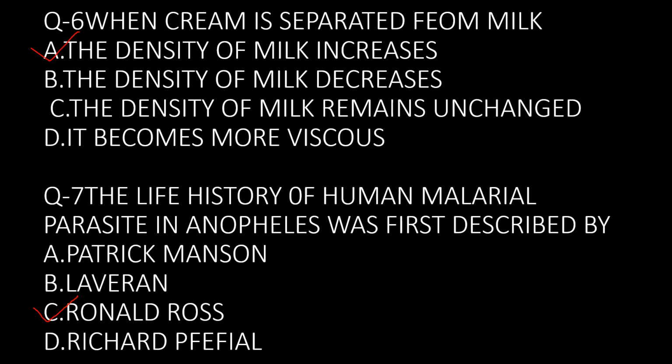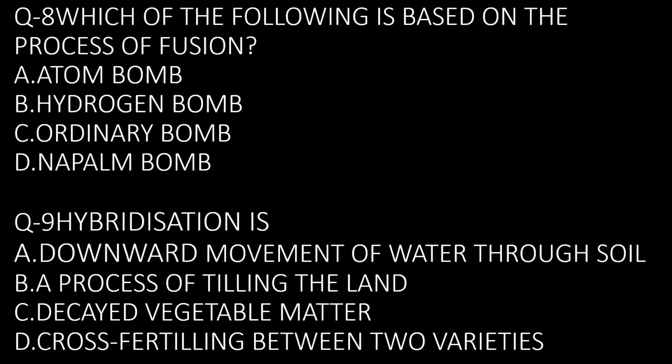Our next question is: which of the following is based on the process of fusion? And the right answer is option B, hydrogen bomb, in which two hydrogen nuclei can convert into a helium nucleus and a lot of energy is released.